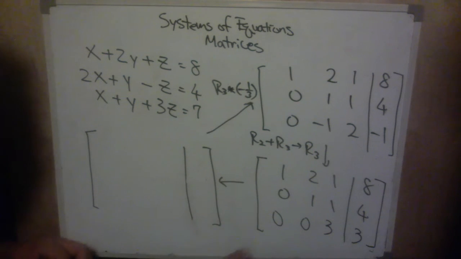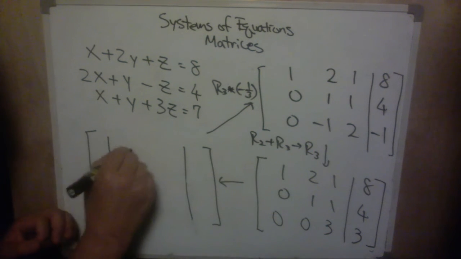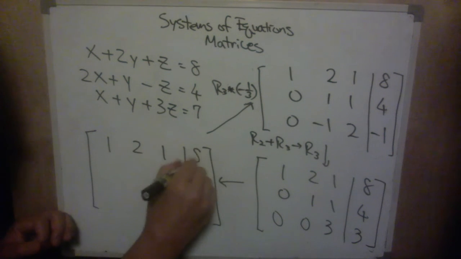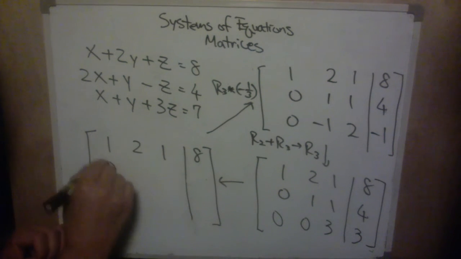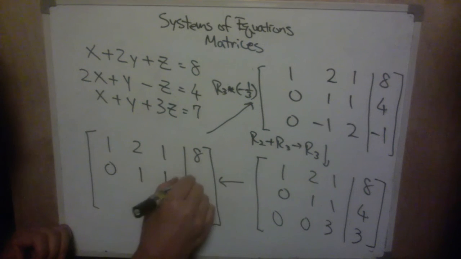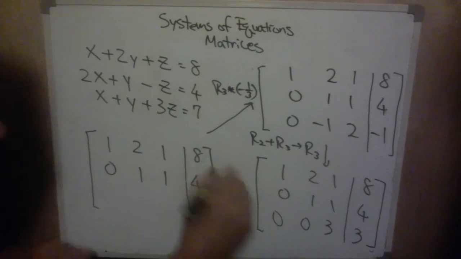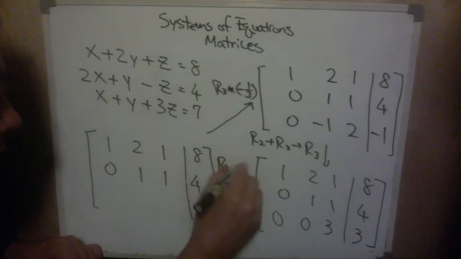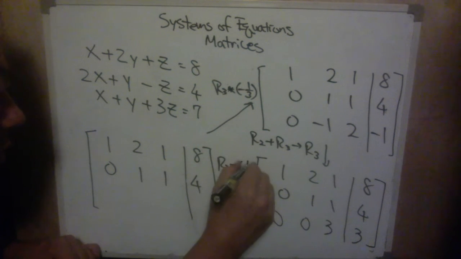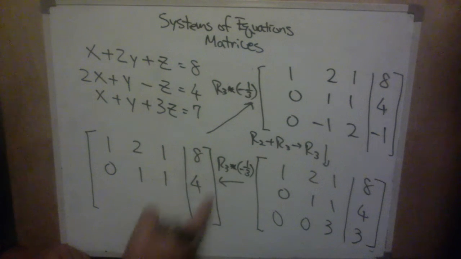Row 1 is going to stay the same. Row 2 is going to stay the same. Row 3, I can take row 3 and multiply it times negative 1/3. And that's going to be my new row 3.